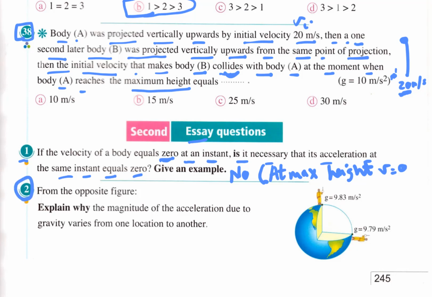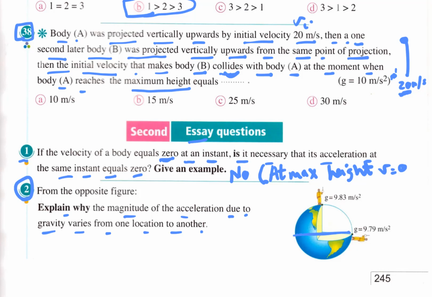For number 2, from the opposite figure for the Earth, explain why the magnitude of the acceleration due to gravity varies from one location to another. As you know, the Earth is not completely a sphere, but it is an ellipsoid. And as you see, there is a difference at the equator here.